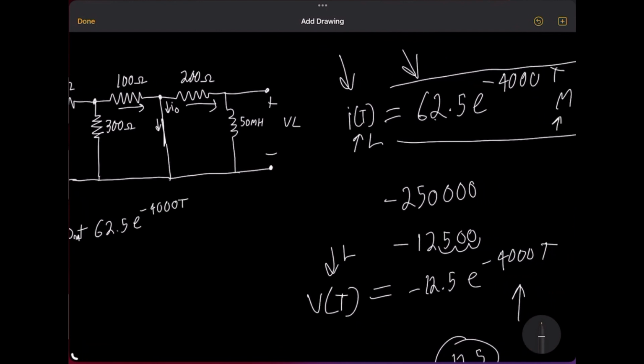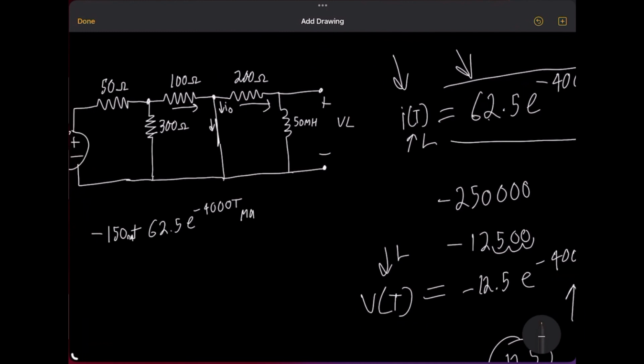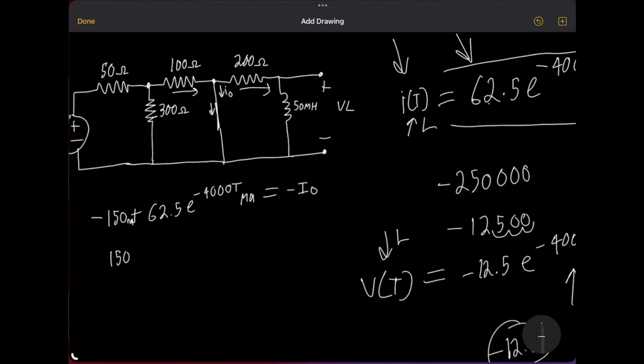t milliamps plus I0. We're going to subtract that over. Negative I0. Distribute that negative. We'll have 150 minus 62.5 e to the negative 4,000 t milliamps is equal to I naught.